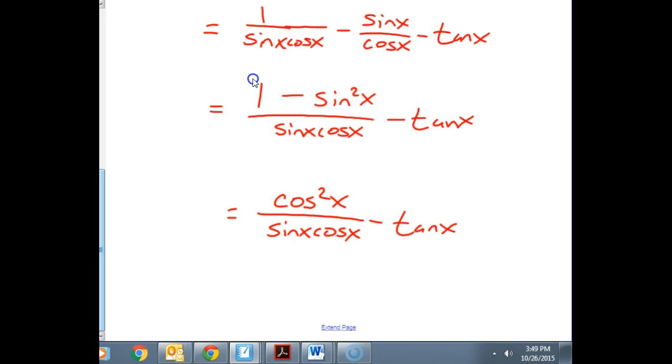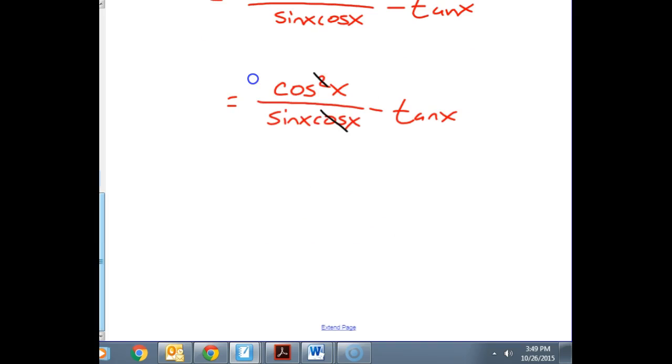There we go. Okay, and let's see. Well, cosine can cancel, right? So one of these cosines can cancel. And that leaves me with cosine x over sine x minus tangent x. What is cosine over sine? Cotangent.